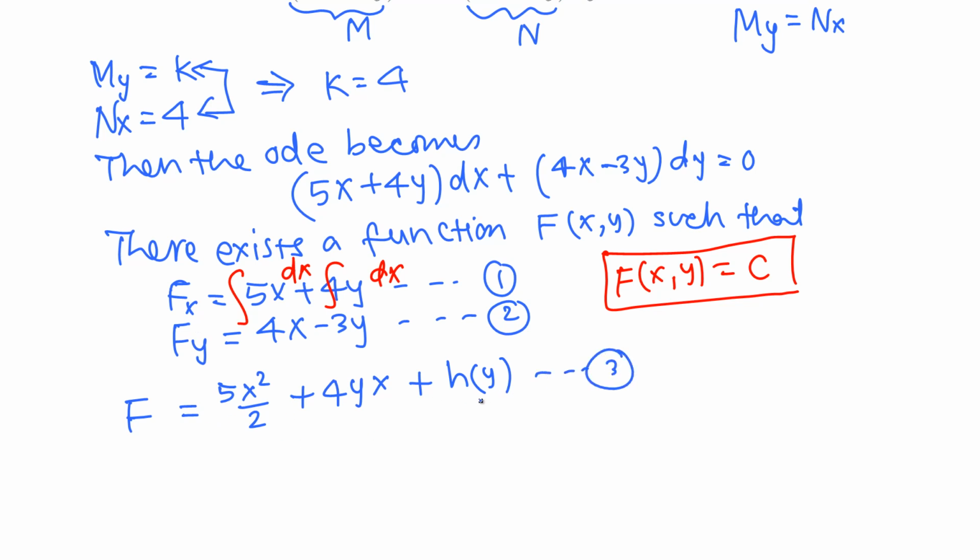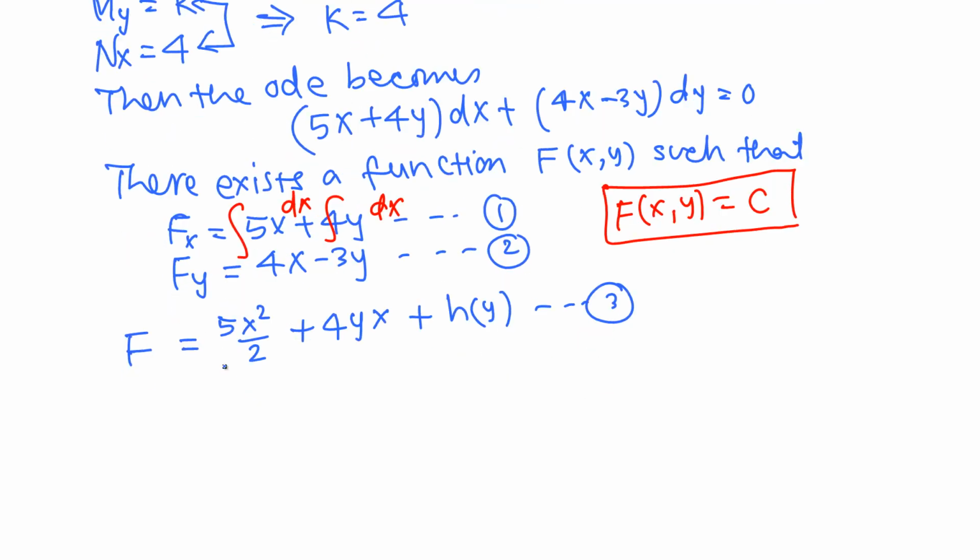We are almost done, but we need to determine this function h. Okay, look at 2. This is F_y, the partial derivative of F with respect to y. So let's find the partial derivative of this F with respect to y so that we can compare with 2.